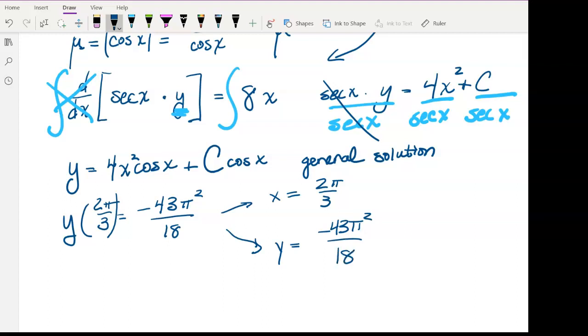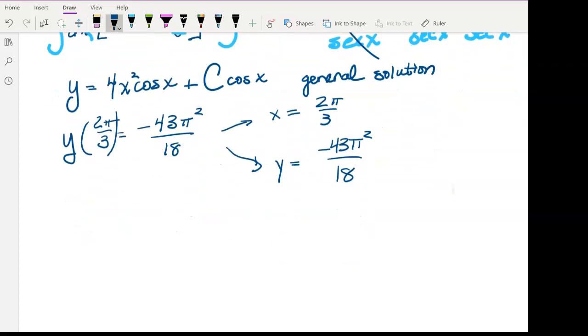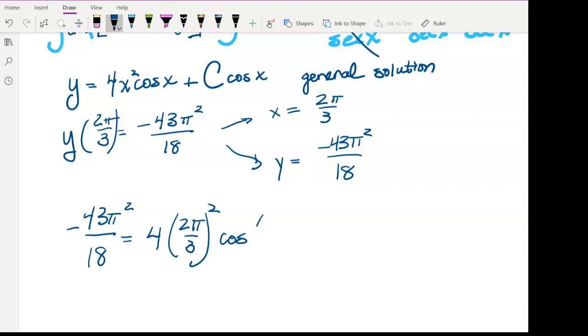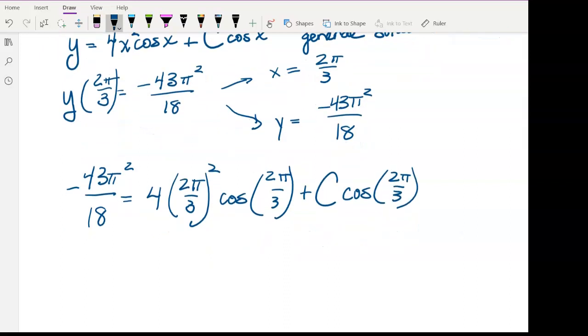We're going to plug those values into our general solution so that we can solve for the arbitrary constant c. So negative 43 pi squared over 18, that's our y value, is equal to 4 times x squared times cosine of x plus c times cosine of x. Cosine of 2 pi over 3, let's go ahead and get that out of the way right at the beginning.